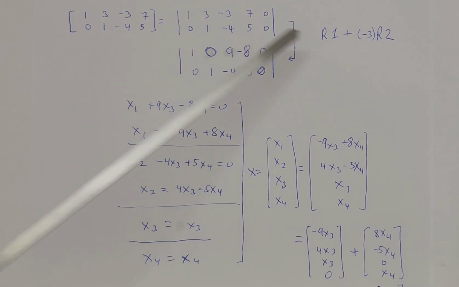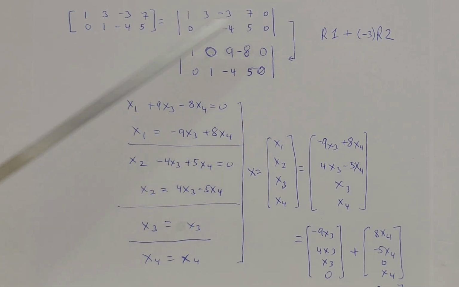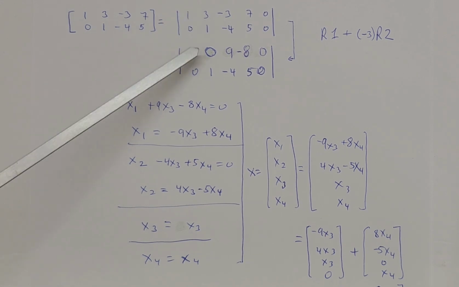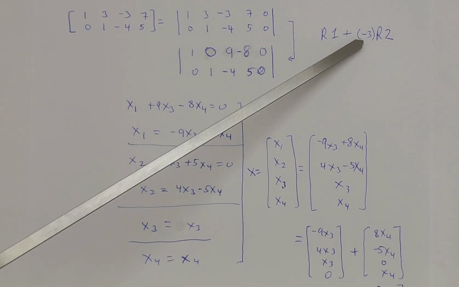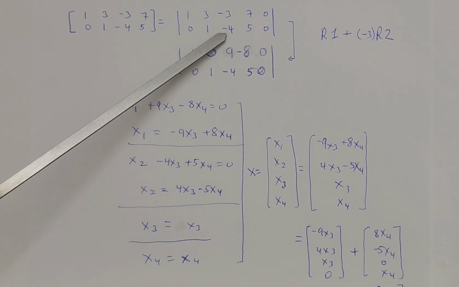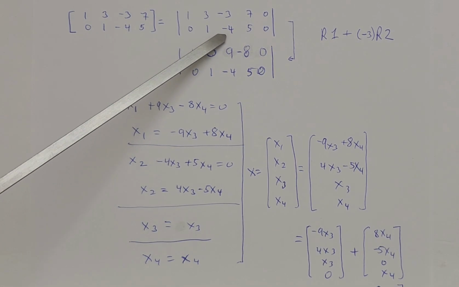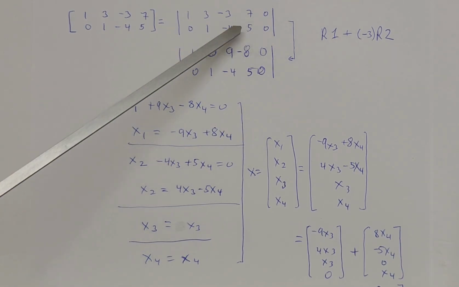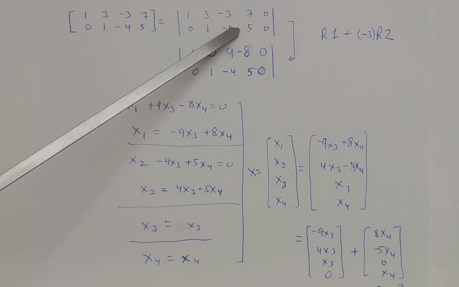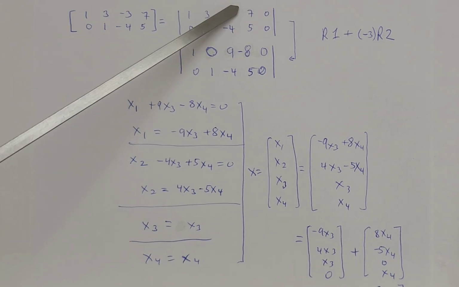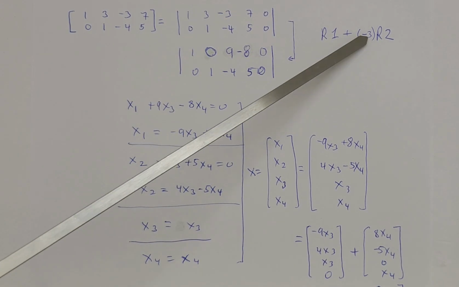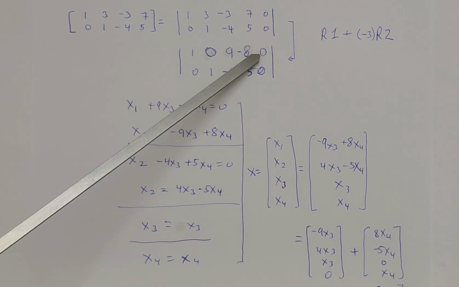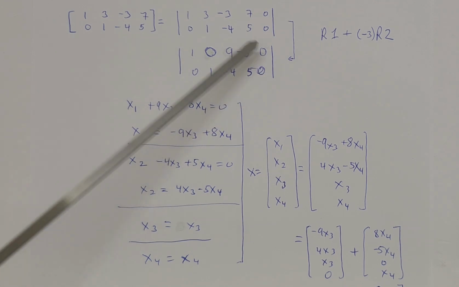So -3 times 1 is -3, plus 3 gives me 0. -3 times -4 is +12, 12 minus 3 is 9. -3 times 5 gives me -15, plus 7 is -8. -3 times 0 is 0, plus 0 stays as 0. So now we are completely done.